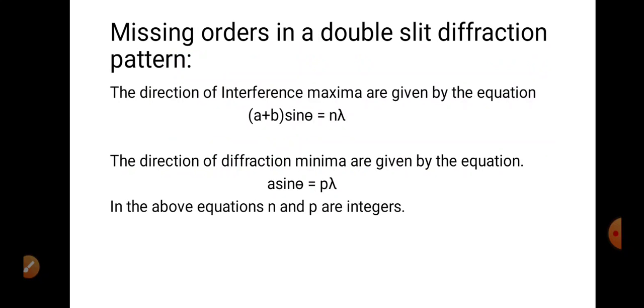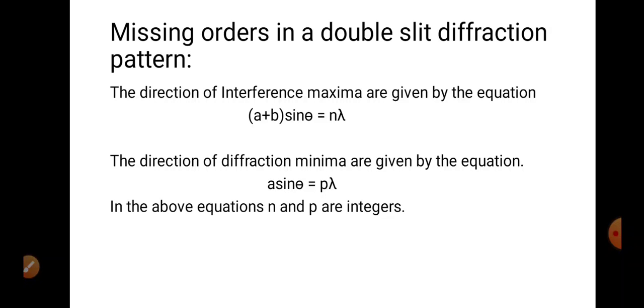Next thing is missing orders in a double slit diffraction pattern. First, the directions of the interference maxima are given by the equation (a + b) sin theta = n lambda.